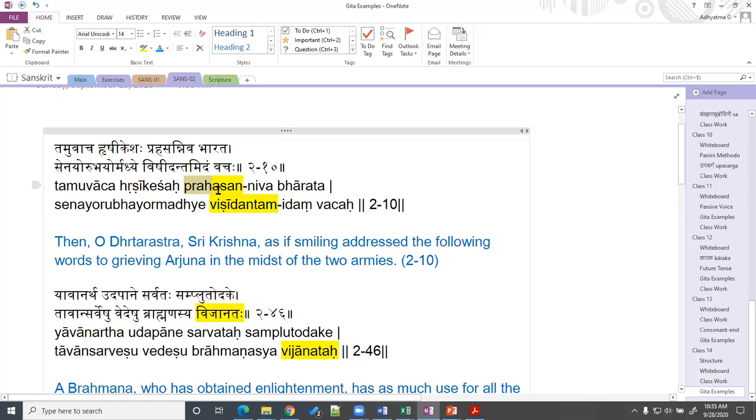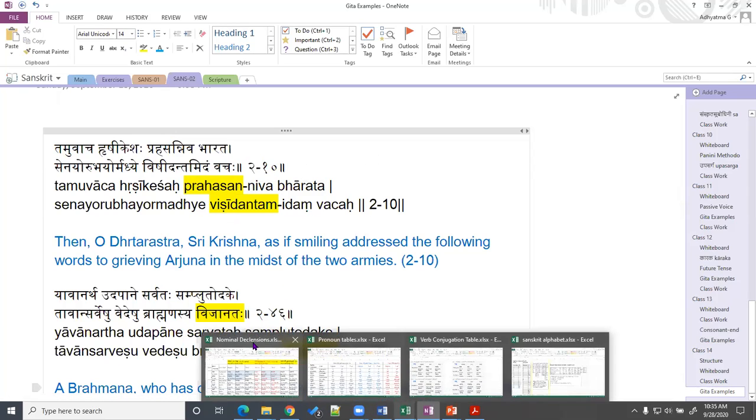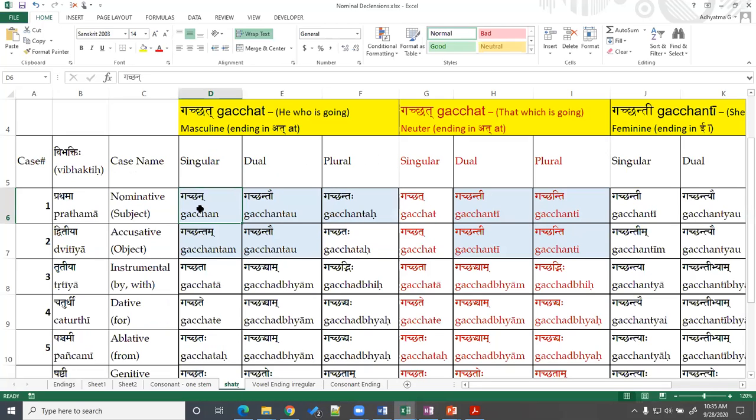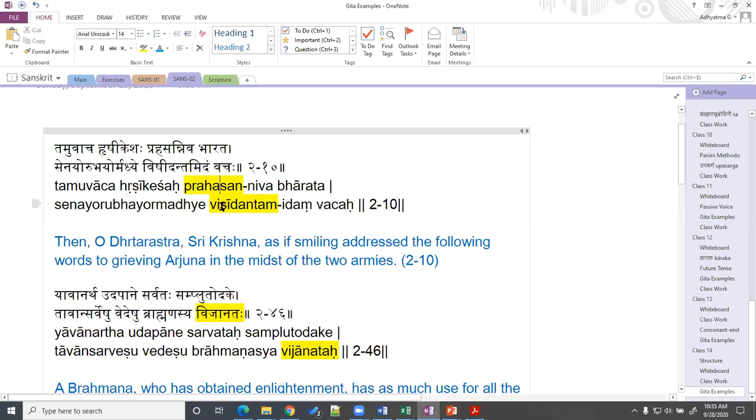So Prahasan, iva, Prahasan, laughing. That's how it is coming, like Gachan, Prahasan. It is in the first case. Iva means as if smiling or as if laughing.